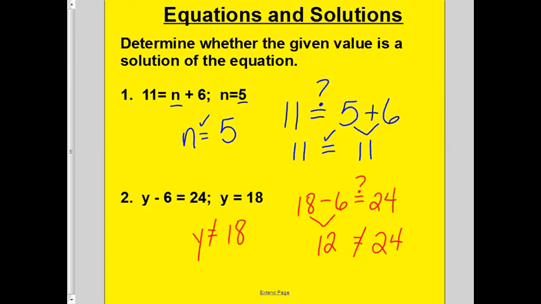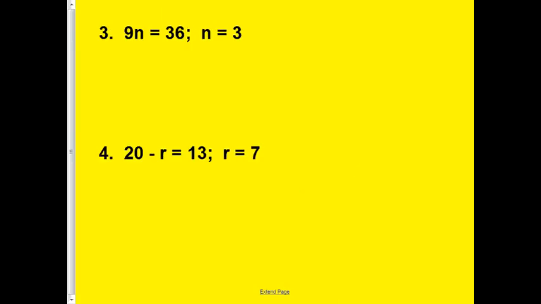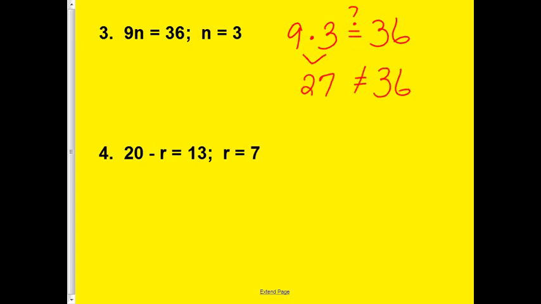So 18 is not a solution to this equation. I could look at a couple more of these just to see if I have solutions or not. So 9 times 3, does it equal 36? 9 times 3 is 27, which does not equal 36. Therefore, n does not equal 3.